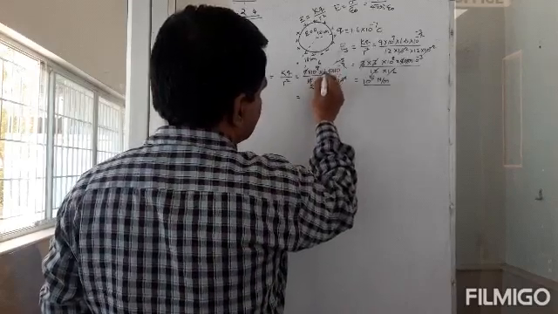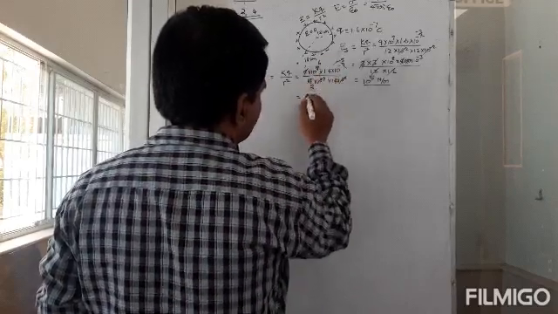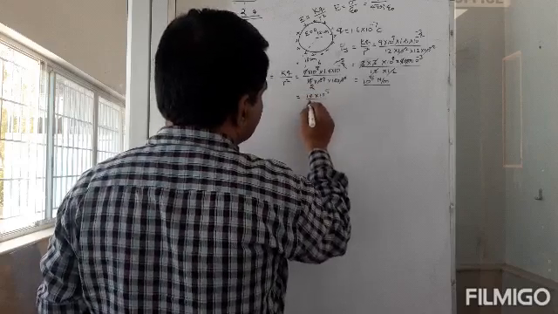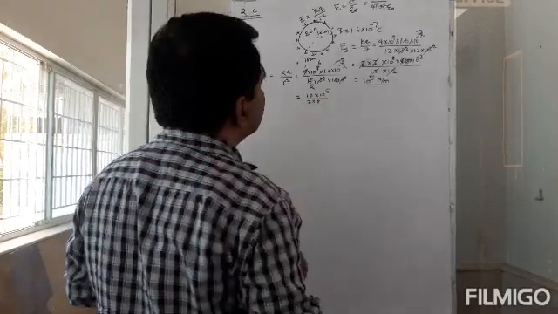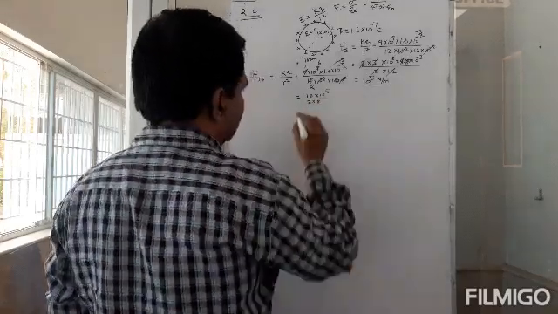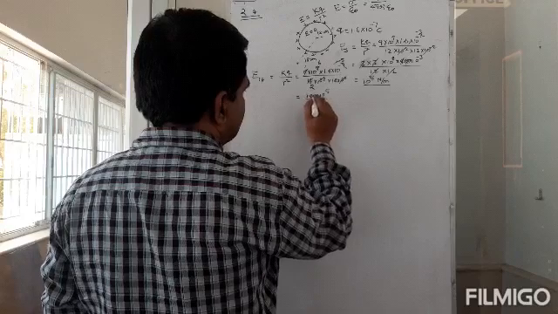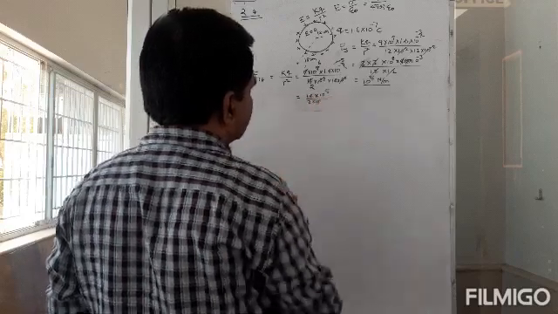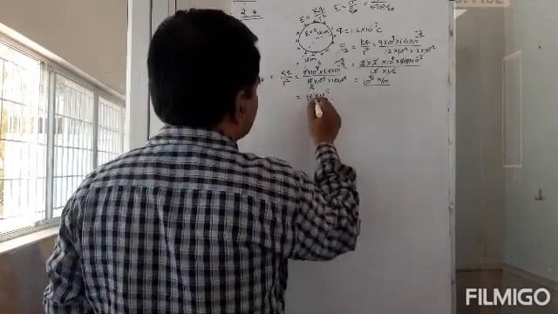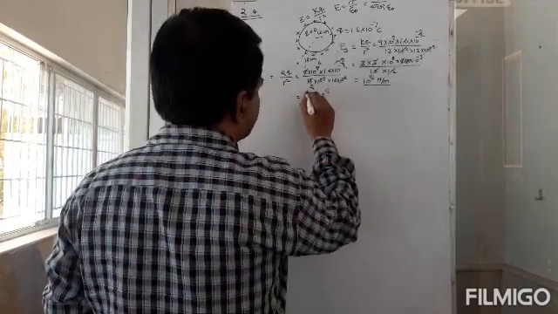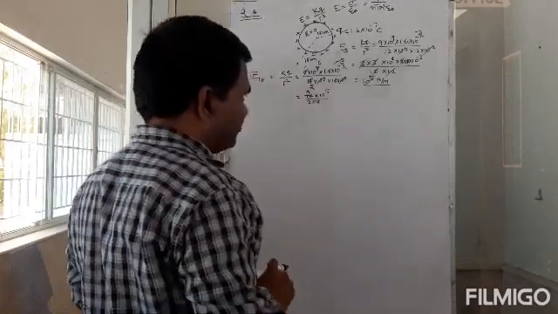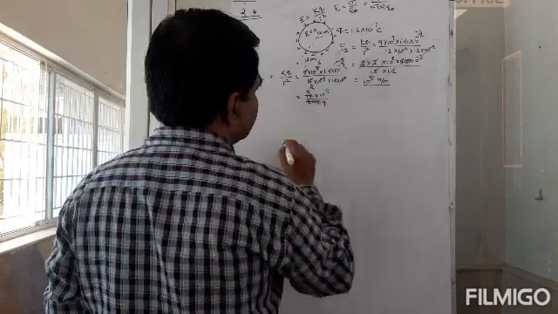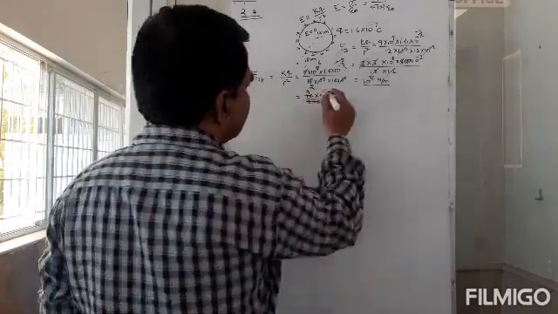1.6 and 10 power 6. Top, so I'll say 16 into 10 power 5 divided by 2 into 18. Okay, so I can have a 16, 4, okay, so 4 fours are 16, and here it's going to be 9 fours, right? 16 by 36, 4 by 9.